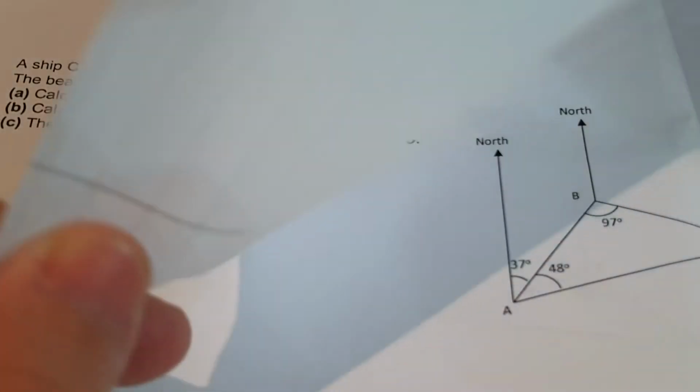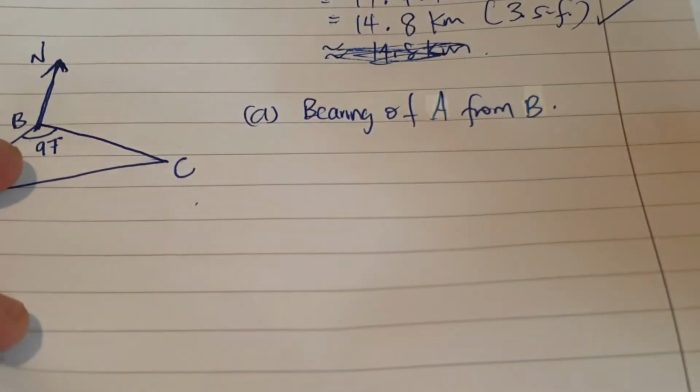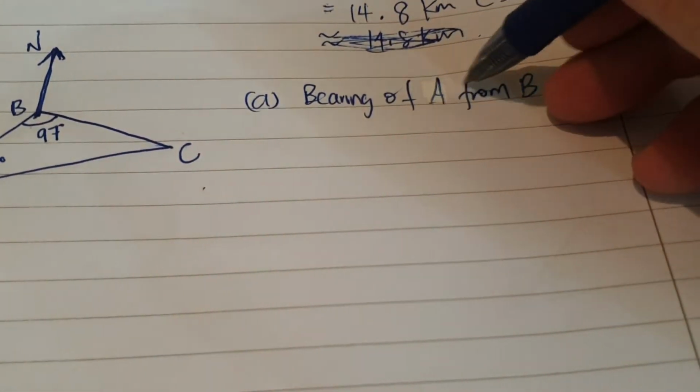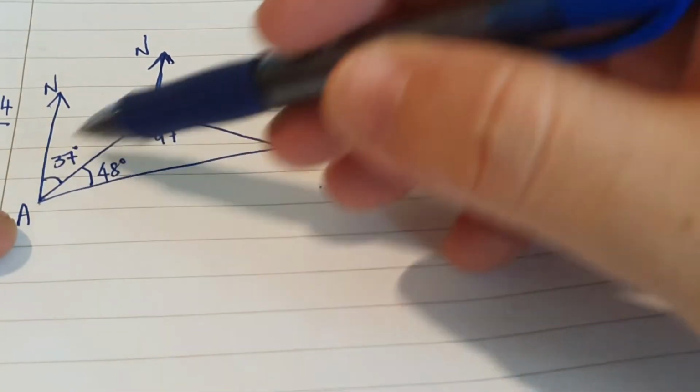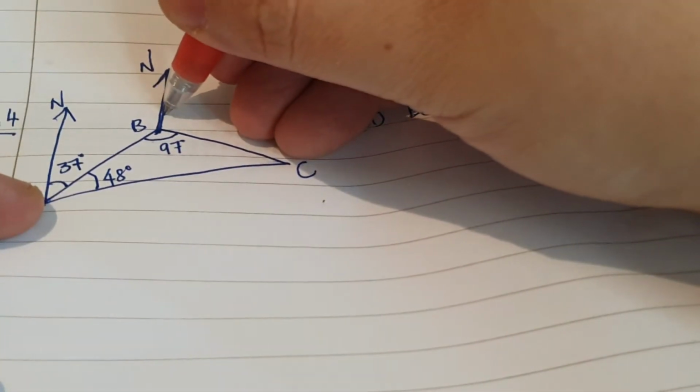The question is simply like that. Oh, why did I copy the next? Never mind. Bearing of A from B. By now it should be quite good already.